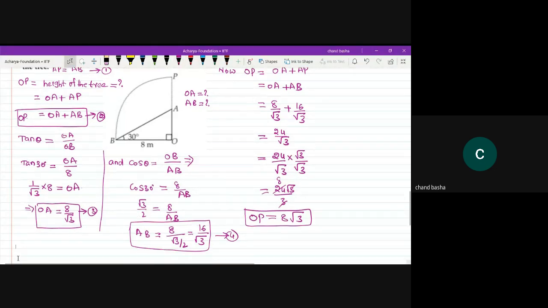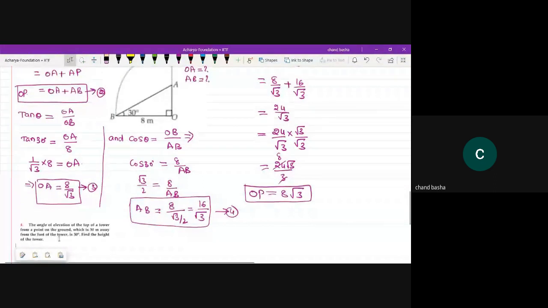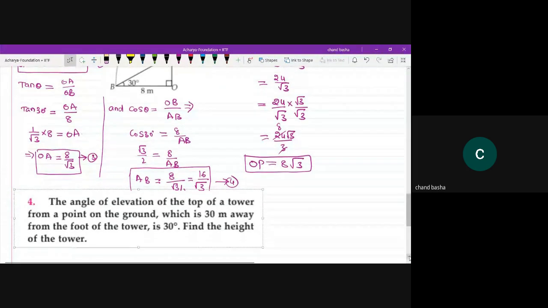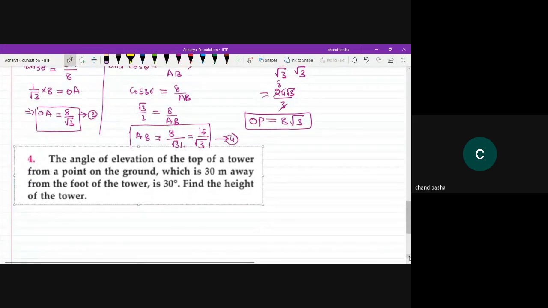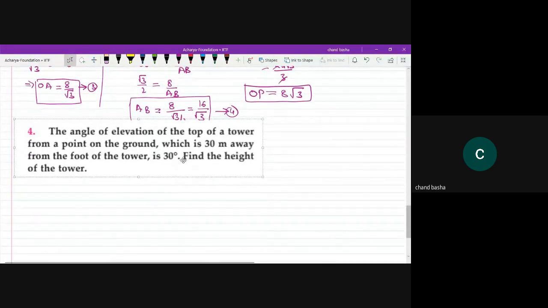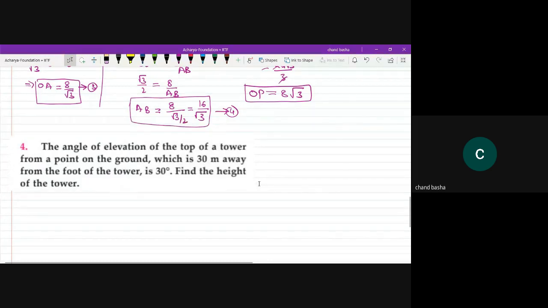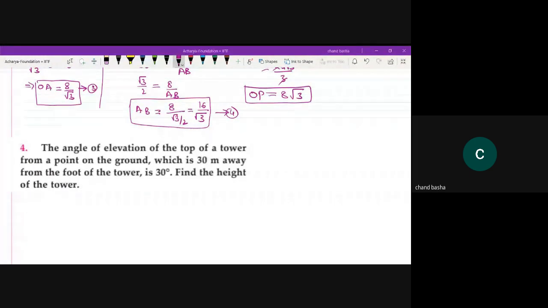Yes, the next problem, guys. Let us see what is asking. Angle of elevation of top of the tower from the ground, which is 30 meters away from the foot of the tower. Then find the height of the tower. Similar question we have completed just now.